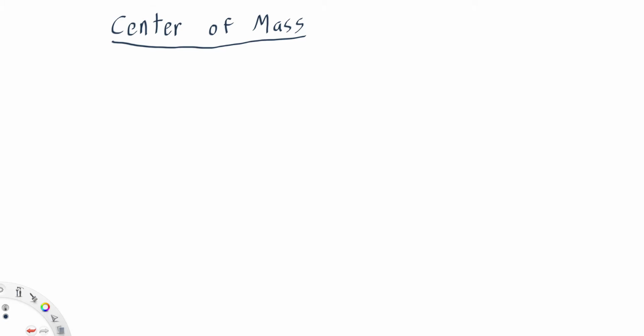So what we're going to say is we're going to take this, we're going to define this moment arm. So we're going to weight the position of each piece of mass in an object by how much mass there is at that point, and also how far it is from the origin.